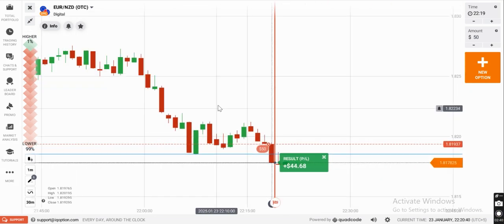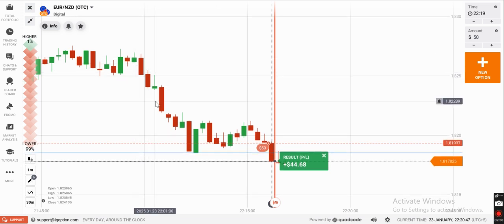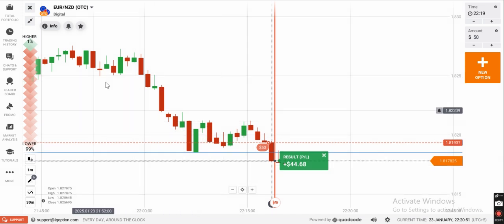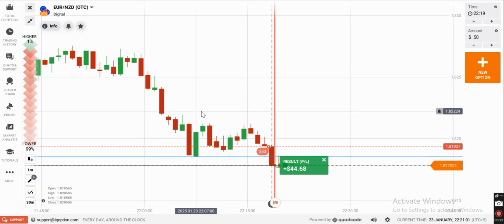So if you analyze this market here, you can easily see that on the left side there is a downtrend. It is very much visible. The market went up and it is still unable to make any kind of highs.